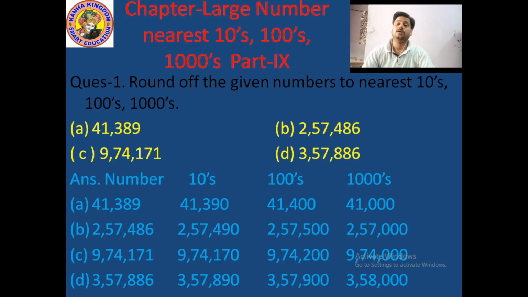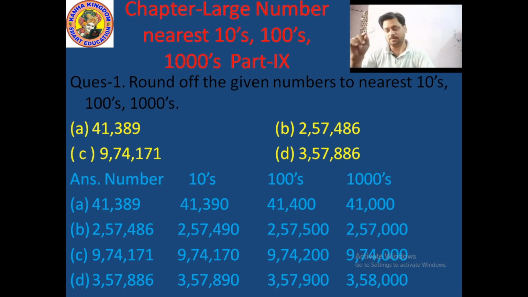So which digit is in the 100 place? Yes, 3 in the 100 place. So 3 is greater than 5, equal to 5, or less than 5? Yes, 3 is less than 5.